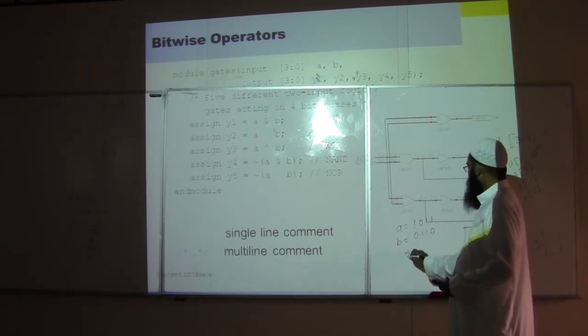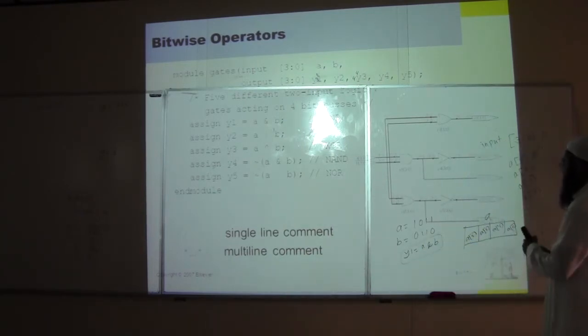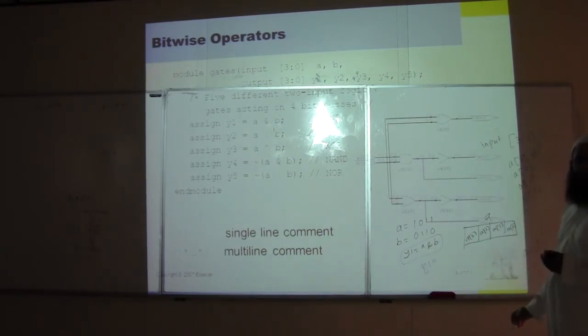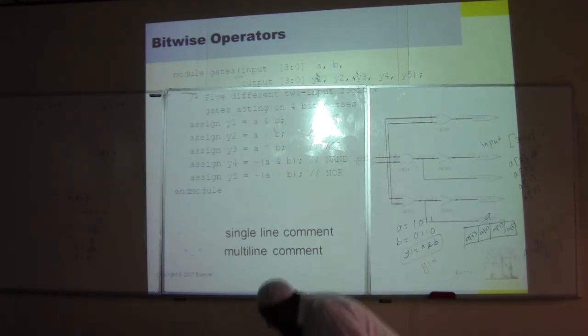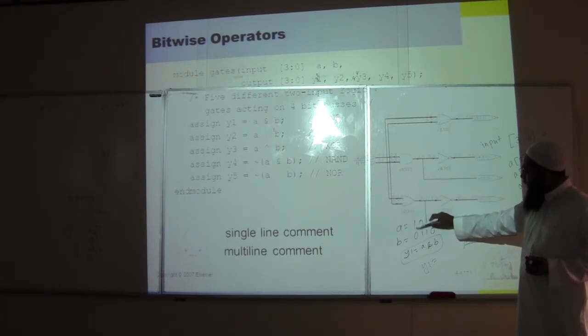Then Y1 equals A and B. What is the result of Y1? Let's do it from the left, 1 0 1 1 and 0 1 1 0.